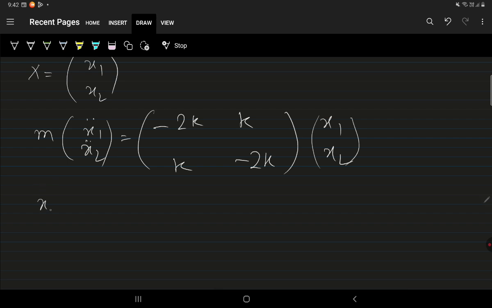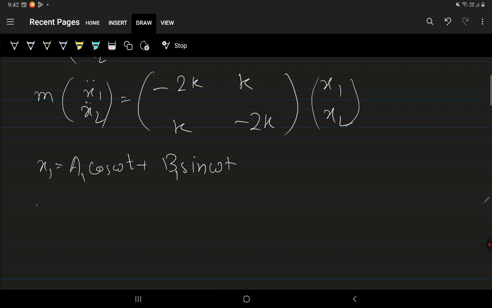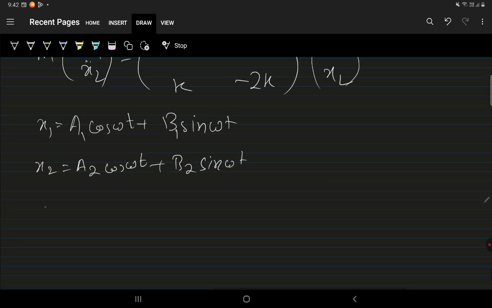Now I assume a solution x1 equals a1 cos omega t plus b1 sin omega t. Similarly, x2 equals a2 cos omega t plus b2 sin omega t. I can say x1 double dot equals minus omega square x1 and x2 double dot equals minus omega square x2.